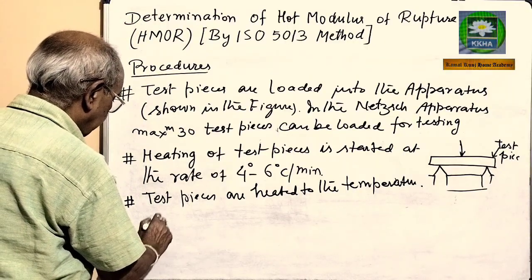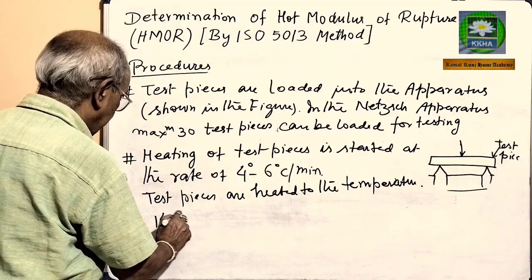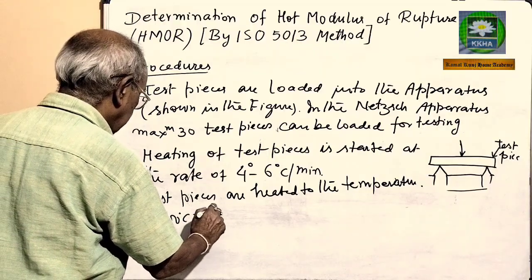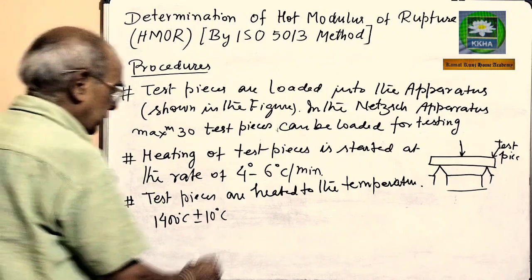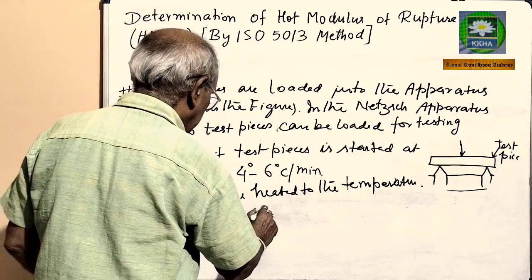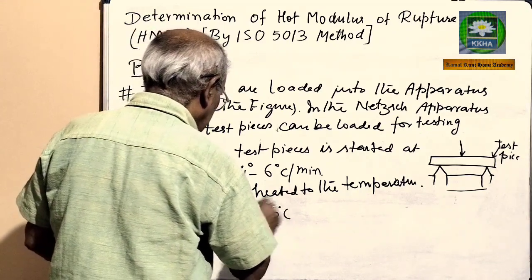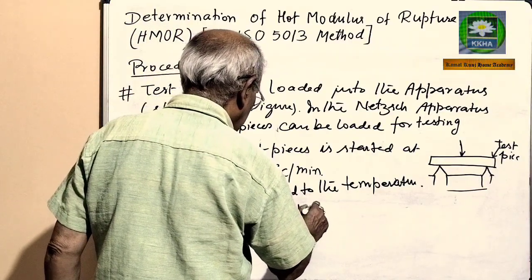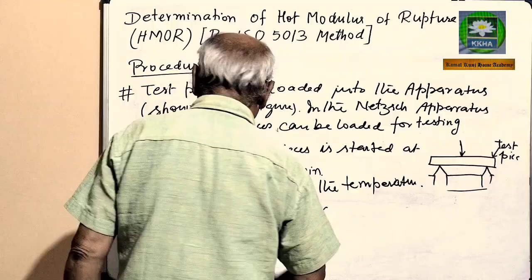Suppose test temperature is 1400 degrees Celsius, then 1400 plus minus 10 degrees Celsius. If test temperature is 1500 degrees Celsius, then samples are heated up to 1500 degrees Celsius plus minus 10 degrees Celsius.